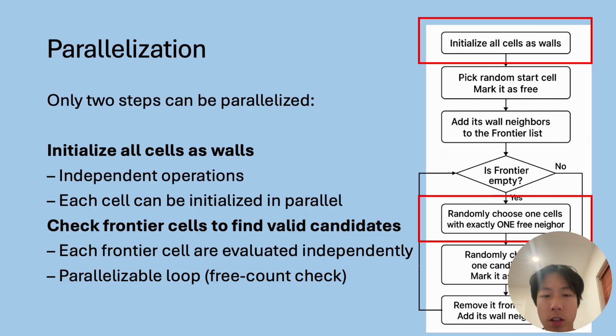And checking frontier cells to find valid candidates is the part that takes a lot of time, so it is very worthwhile to parallelize it. Luckily, each frontier cell can be evaluated independently, so it is very suitable for parallelization.